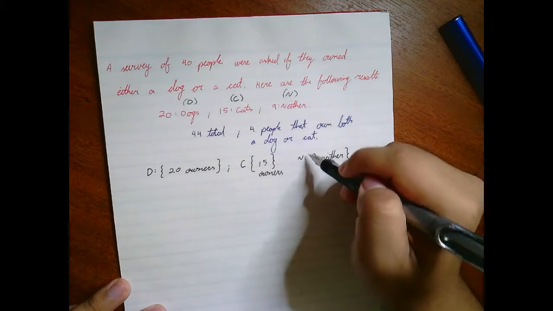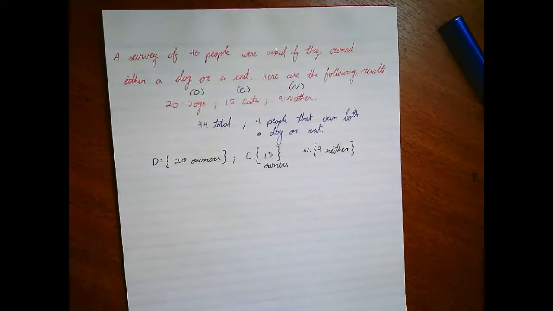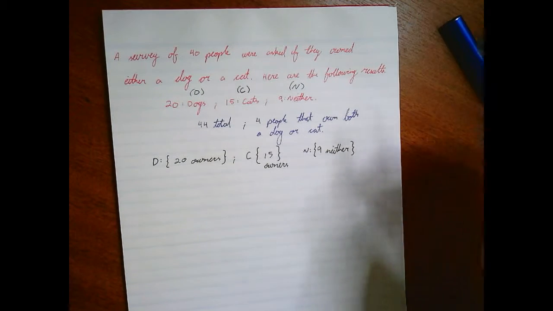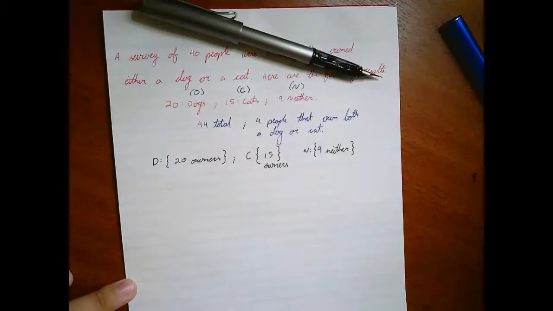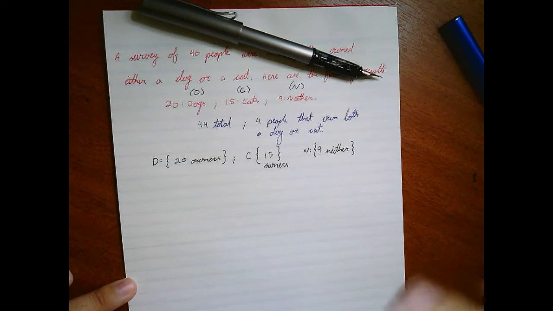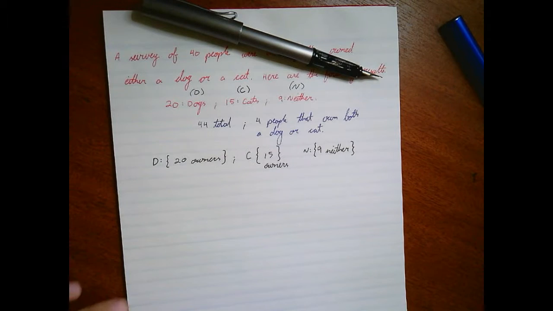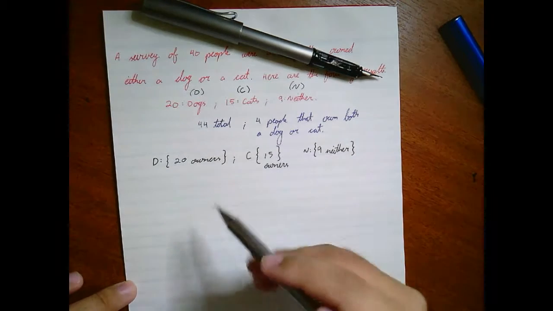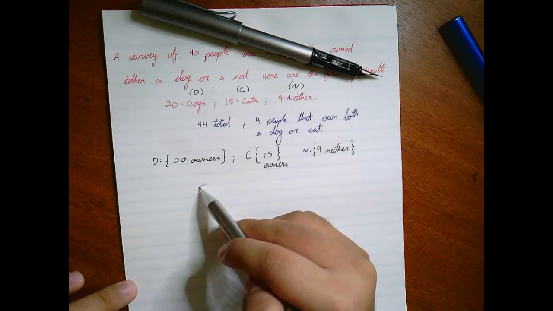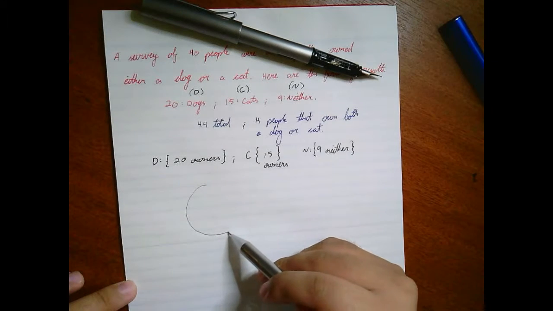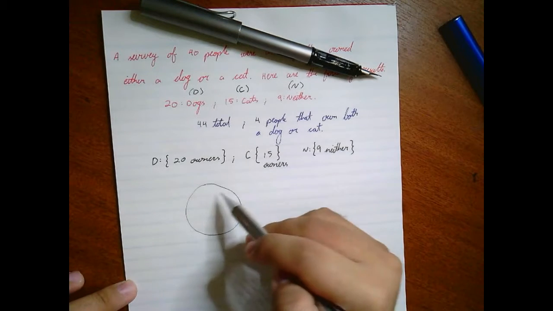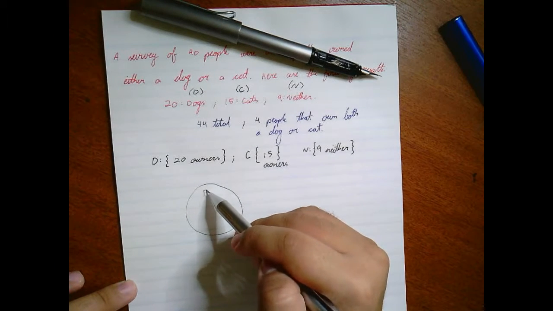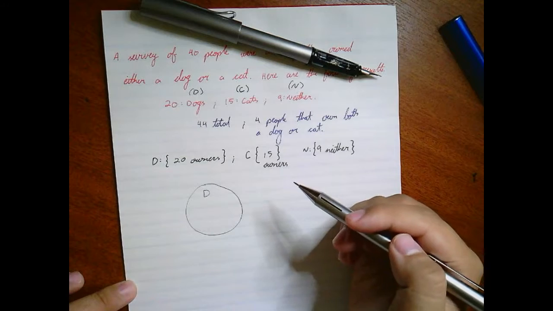So now if we were to represent this graphically, we do it in what's known as a Venn diagram. A Venn diagram can be done in any manner of way, but the most common way that I've seen it done is with a circle. So here we have a circle, and this is the group of all dog owners, D for dog.